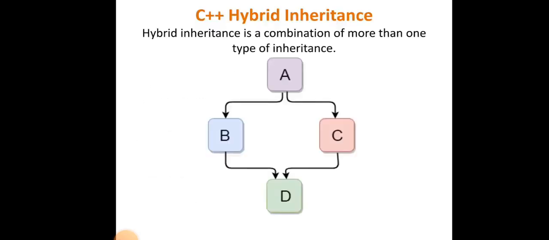And hybrid inheritance. Hybrid inheritance is the combination of more than one type of inheritance model. Here, class A is the base class. Inside the class, we have the getA member function, and class B is the derived class. Inside this class, we have the getB member function.